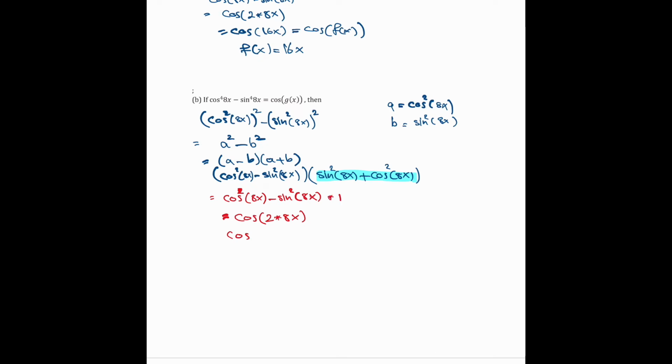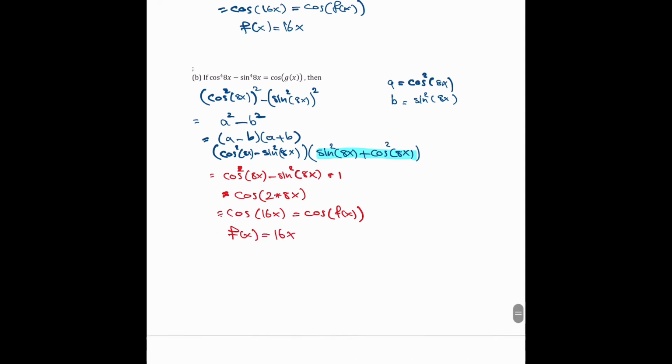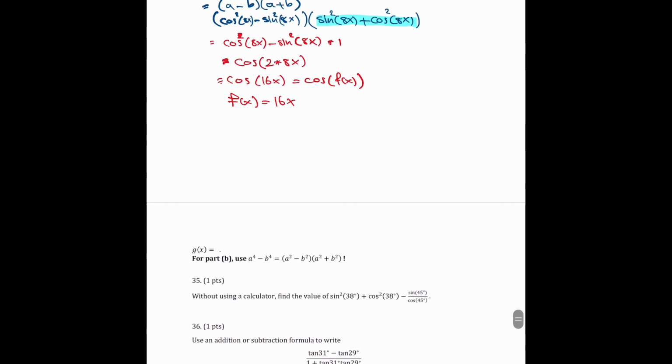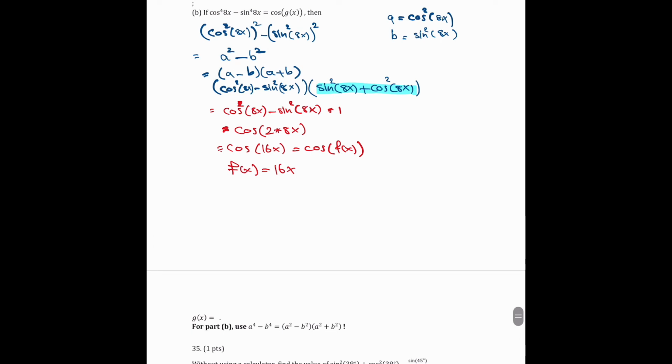So this is cosine 16x. Now, if you compare that to cosine f of x, you're going to get f of x equals 16x, or g of x in this case. Yeah, it's g of x.